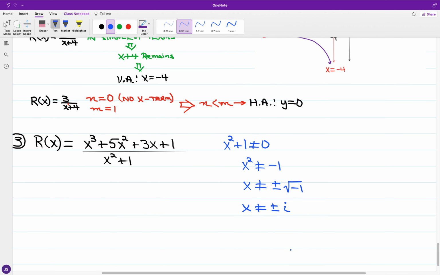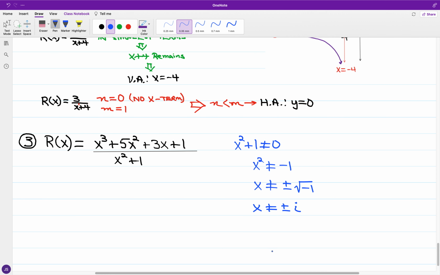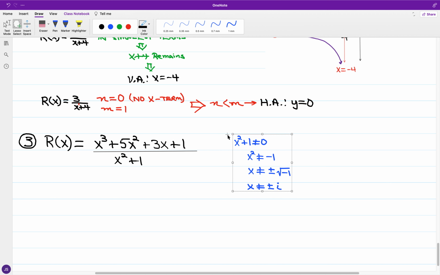So in terms of the domain, what is this going to mean? Well, the excluded values are not even in the real number system, we've left behind the complex numbers. So only complex roots are excluded, so no real values are excluded.